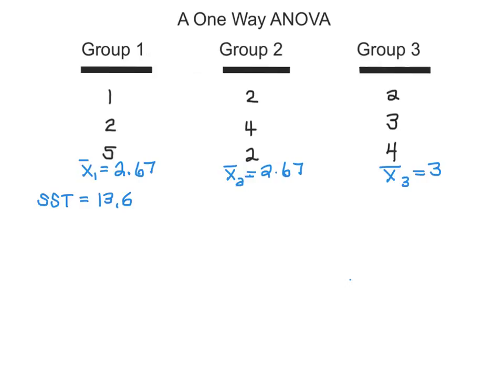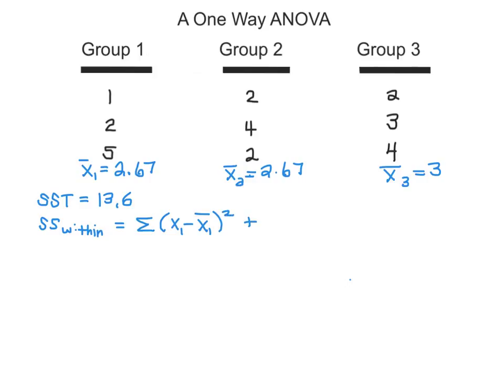And now we're going to find the sum of the squares within. And to do that, we have 3 summations, one for each group. For each x value from group 1, we're going to subtract the mean from group 1 and square it.